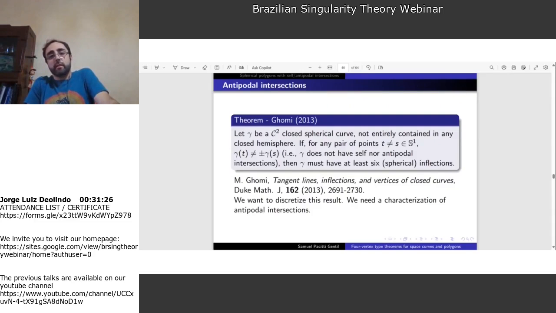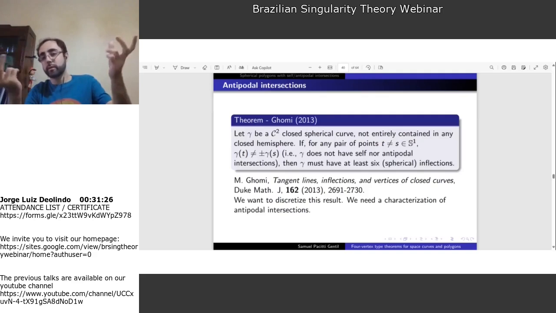And it states that if this curve is not entirely contained in any closed hemisphere, and if it also satisfies an additional condition, we have a lower bound of 6 inflections. And this extra condition is that the curve does not have self-intersections, but it also doesn't have what we could call an antipodal intersection.